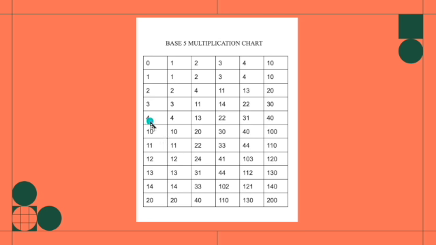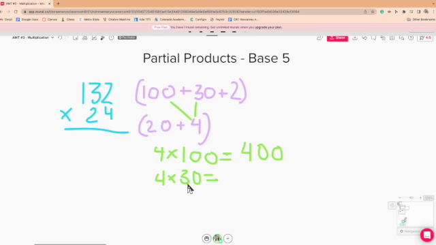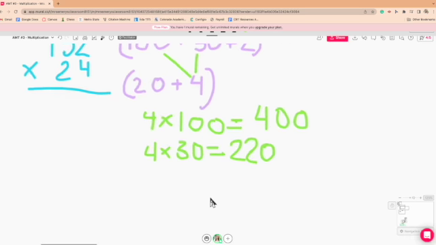So we know that 4 times 3 in base 5 is 2, but it's 4 times 3 zeros, so we need to make sure we keep into consideration that this is representing 3 10s. So instead of 2, it's going to be 2, 2, 0 to make sure it's in the right place.